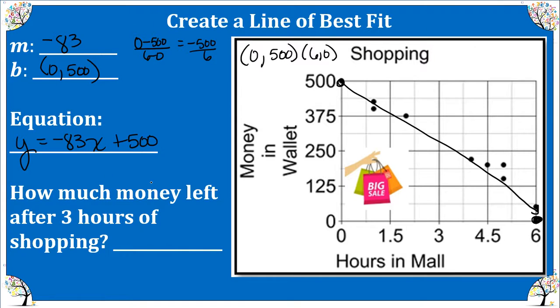How much money, which is y, is left after 3 hours of shopping? So we're going to replace x with 3. So we're going to multiply that. And we have $251 left after 3 hours of shopping.